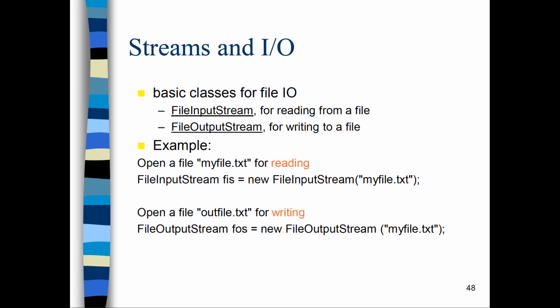There are basically two types of stream: input stream and output stream. The input stream is the input to your program, and the output stream is printing the results out from your program to a file, or your screen maybe, or a console. For your Java program, a console is also a type of file. It reads it as a file.